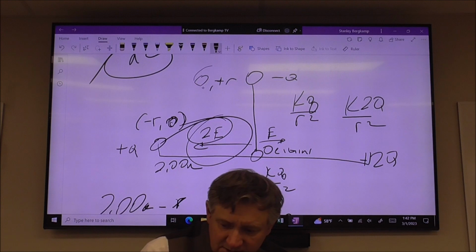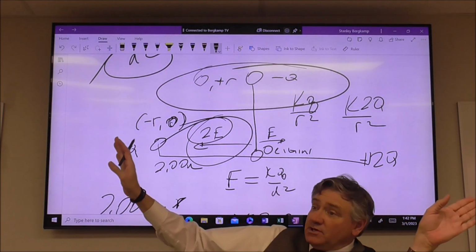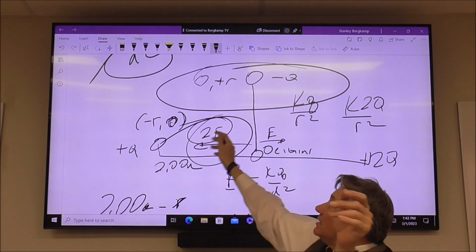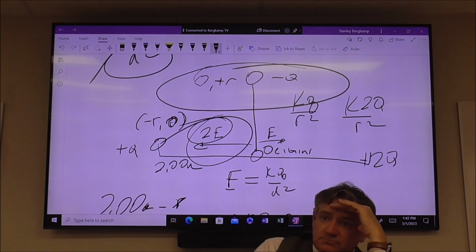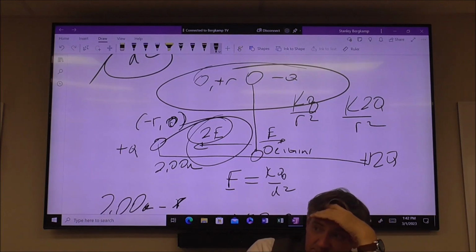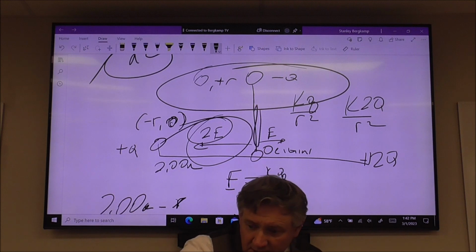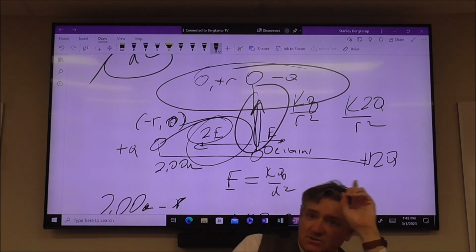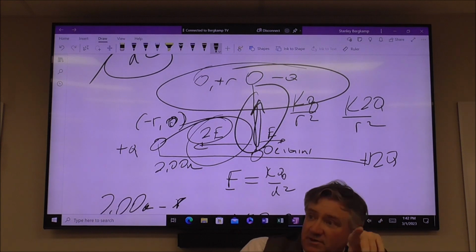Now we have a charge up here of negative Q. So don't worry about the Q and the 2Q. With that negative Q, what's that going to do at the origin? Which direction is that going to go? Up. So this is going to be pointing up, right? So I've got a component of my electric field pointing up. What else do I have?